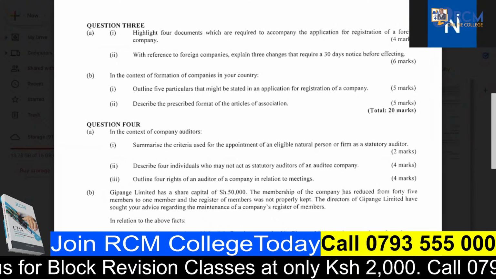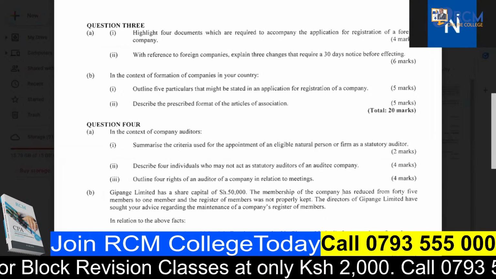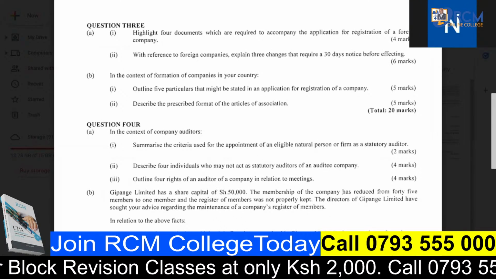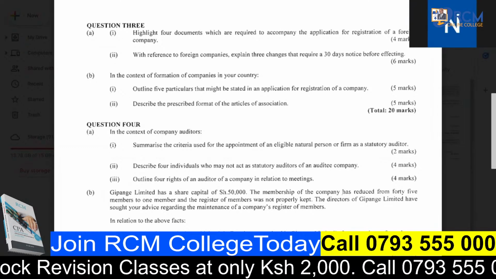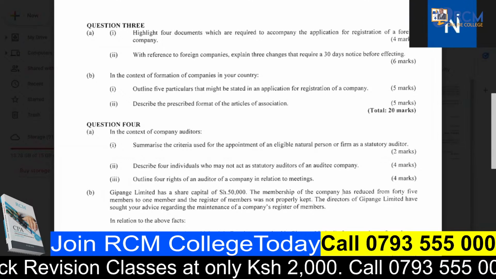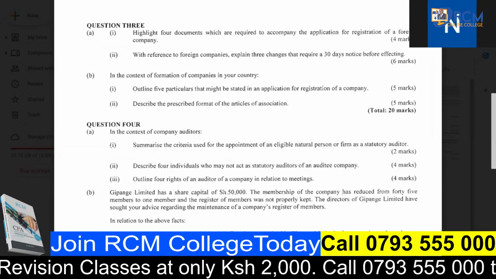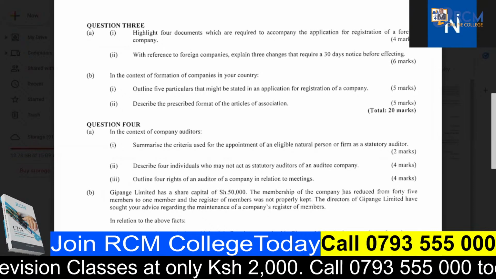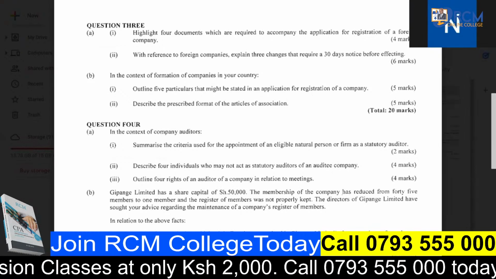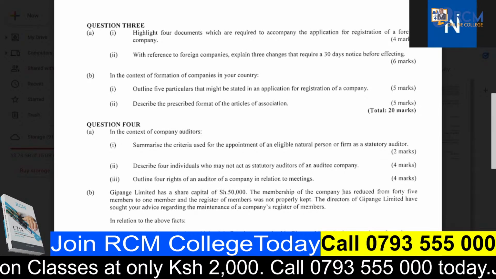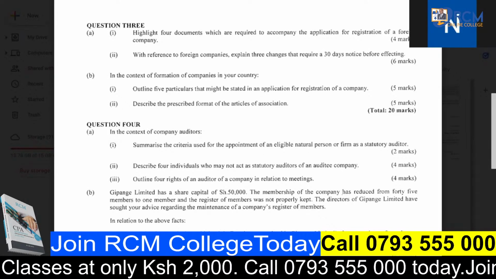The other thing, the article should be paragraphed, divided into paragraphs, which are numbered consecutively.